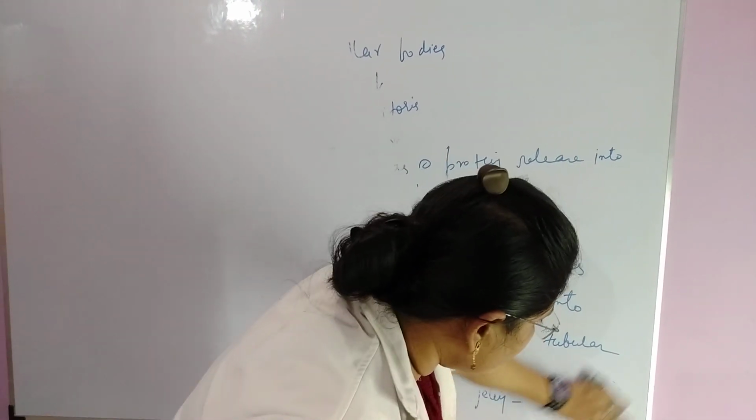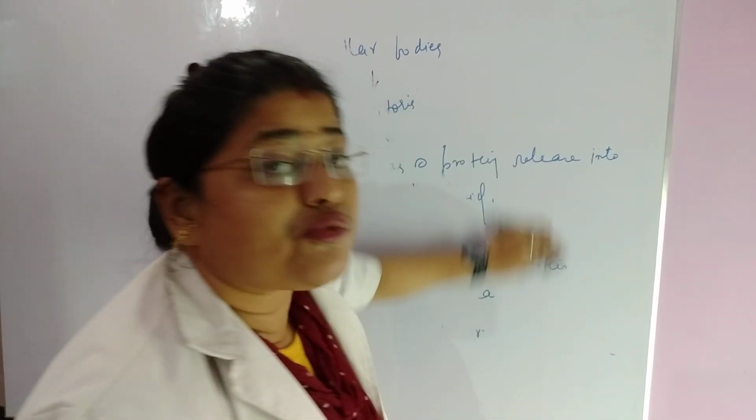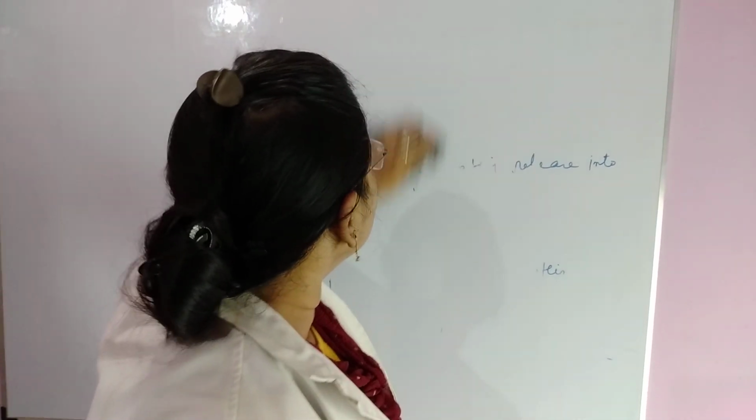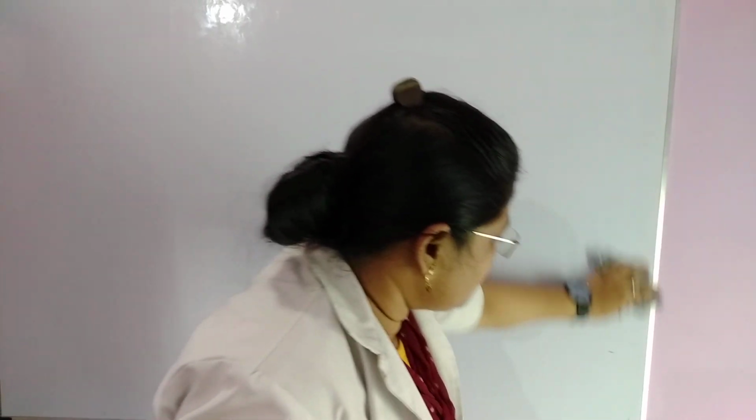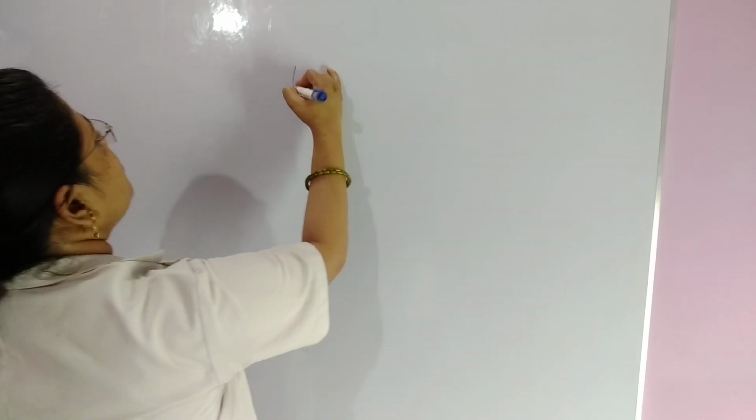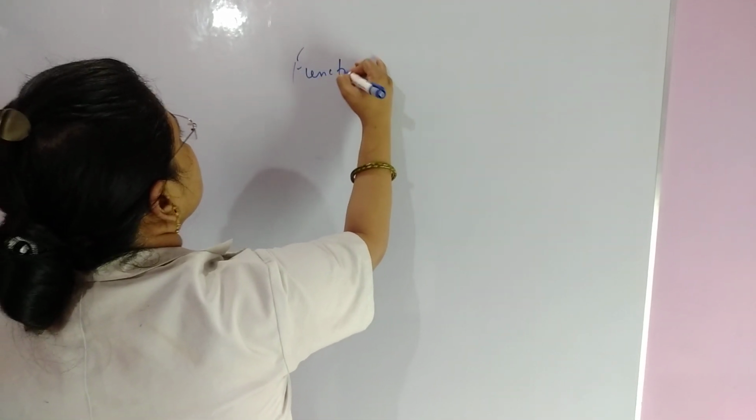Now the question arises, what are the functions of pulmonary surfactant? It plays an important role to maintain normal structure and normal functioning of lungs. So next is the function of pulmonary surfactant.